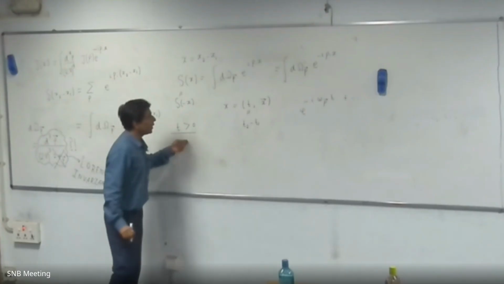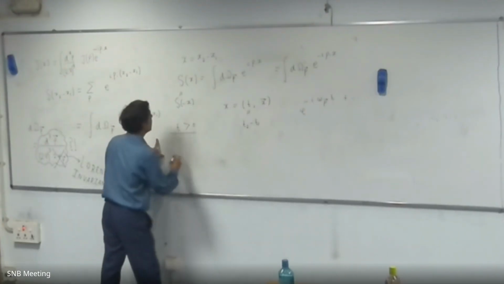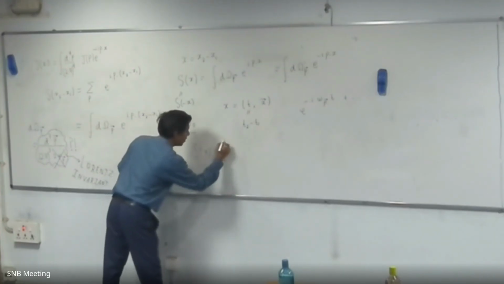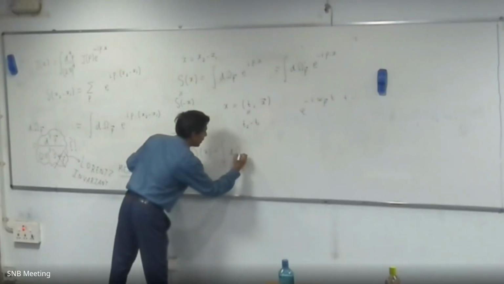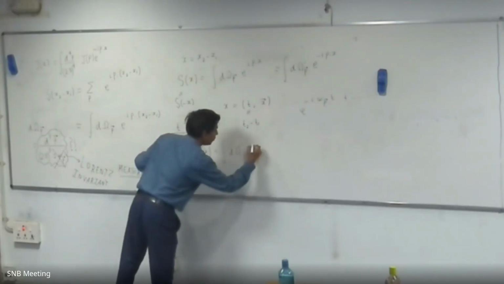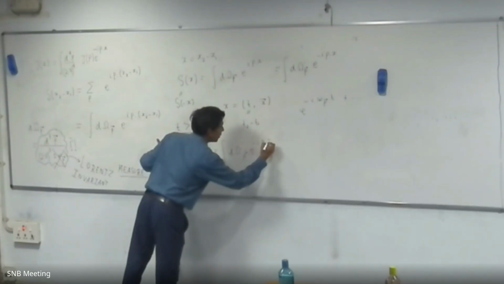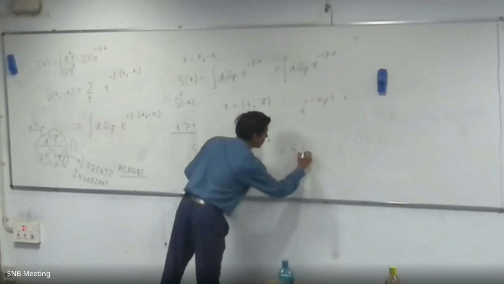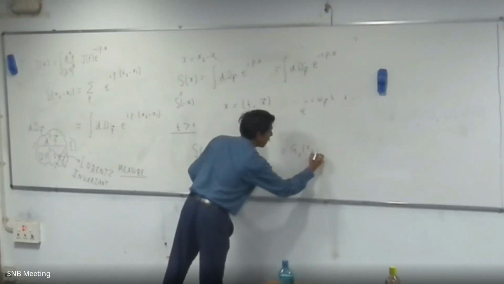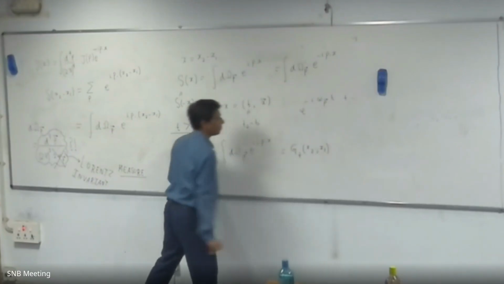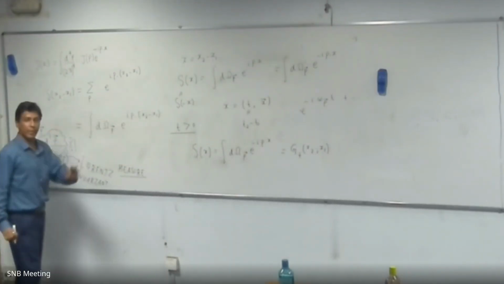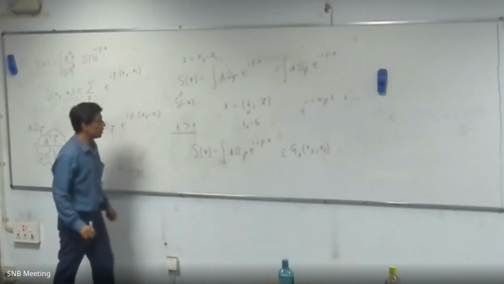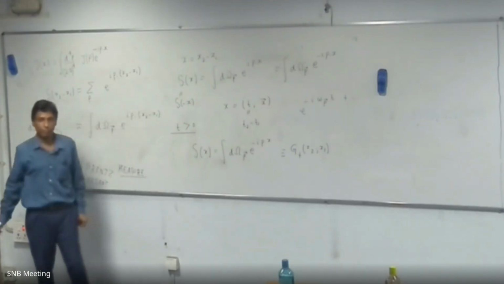So for t greater than 0, I will say that this s of x, that is the integral d omega p e to the power of minus i p dot x, I will call it g plus. This is a Lorentz invariant amplitude. This is by definition. G plus is by definition equal to this for t greater than 0.